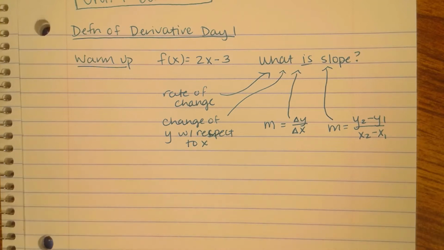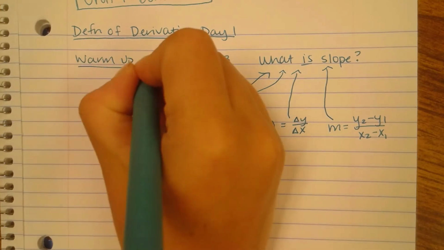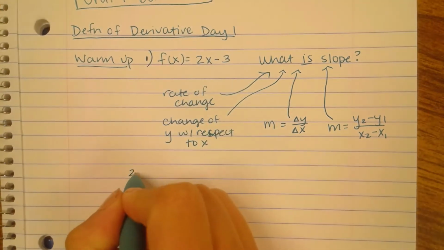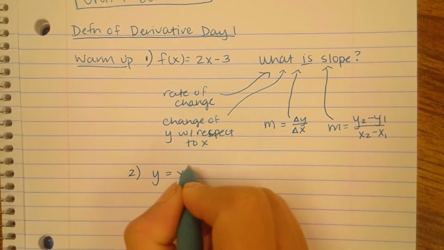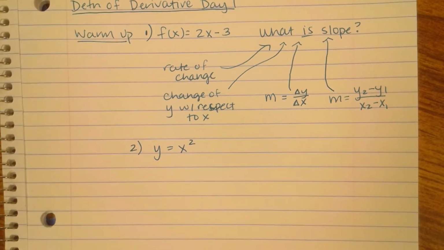So if I change that function from a linear function of 2x minus 3, let's call that number 1, to f of x or y equals x squared, and I ask you what's the slope, now your answer is a little bit muddled. We can't actually answer that question because it's not a constant rate of change.